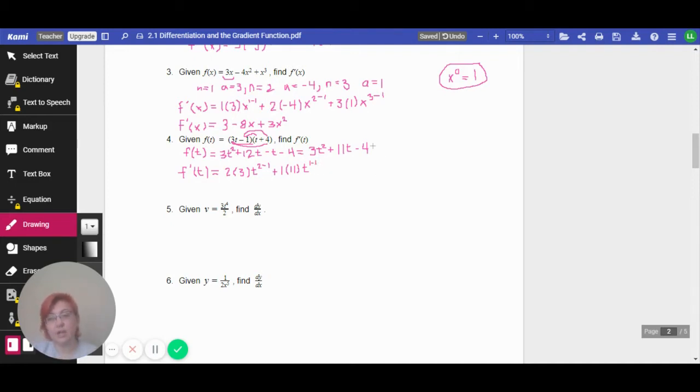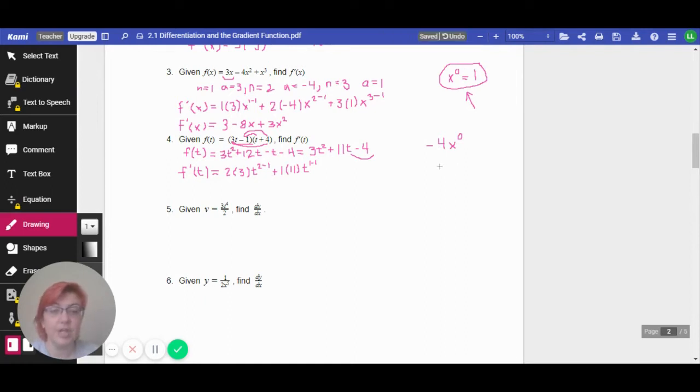All right, let's talk about this constant here. Now, constants go away, and I'm going to explain to you why. Because any constant we would assume is being multiplied by 1, which we've already said is x to the 0. So my term here, negative 4, could be written as negative 4 x to the 0.